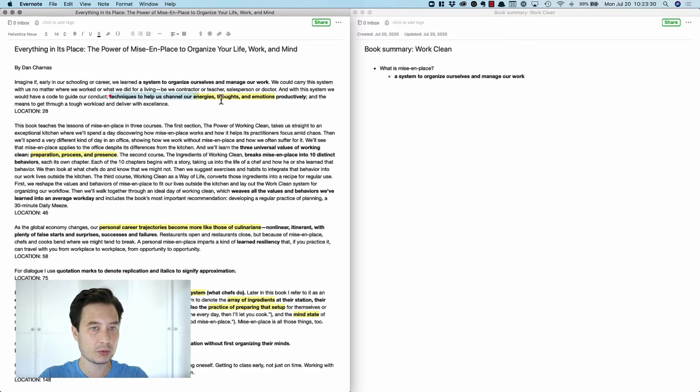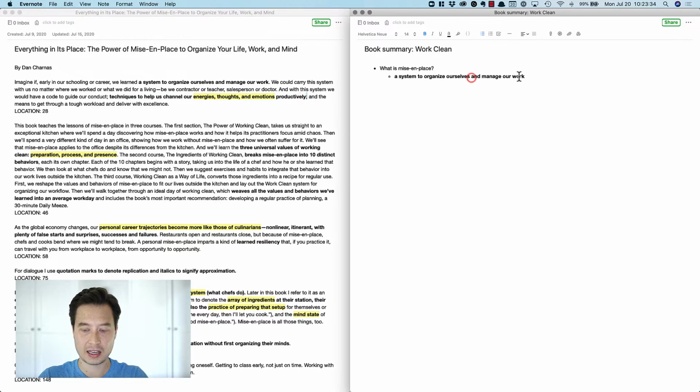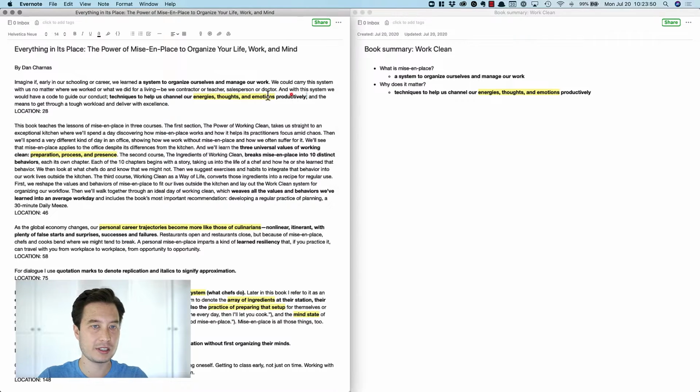Okay, so this one jumped out at me, and now I realize I think it's because it kind of answers the question, why does it matter? Right? Who cares? No one actually inherently cares about a system. They care about it because it helps channel their energies, thoughts, and emotions productively. Right? The original author didn't even mean it really in that sense, but I'm taking it out of context so that I can answer the questions that people are going to have.